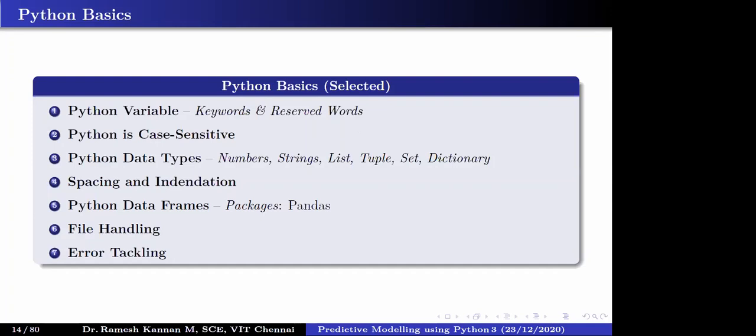Then Python data types: we have numbers, strings, lists, tuples, sets and dictionaries, and all those are data types. Probably many people will only know about numbers, strings, lists, and tuples maybe, and sets and dictionaries are pretty much way beyond that, because those are used for database management, since Python has good database management capabilities.